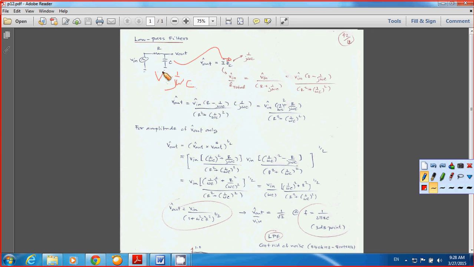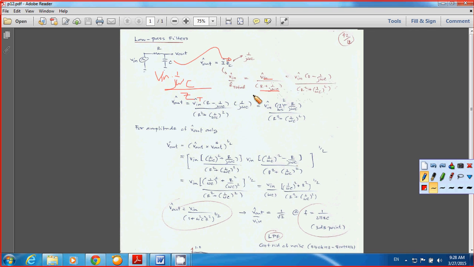And you multiply by V in and you divide by Z total. It's just about math. But here I calculate the current, so the current becomes V in over Z total. This is my Z total, this is my V in.